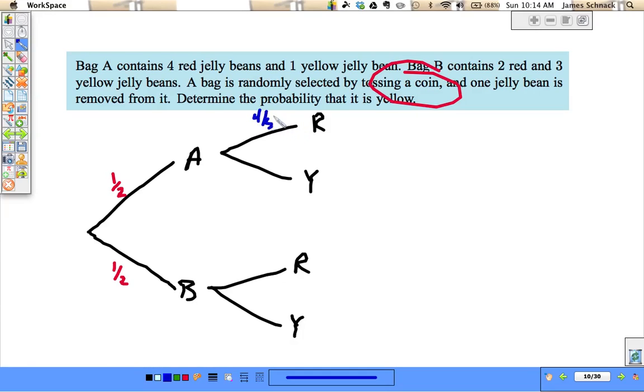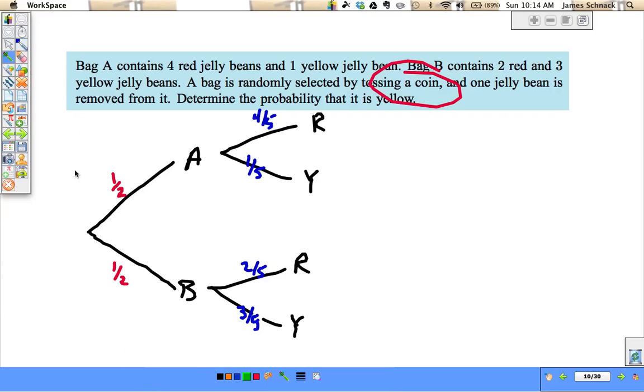A red would be 4/5. A yellow would be 1/5. In bag B, again, probability of 1/2 of getting bag B. Bag B has 2 red out of 5 total and 3 yellow. So 3 out of 5.